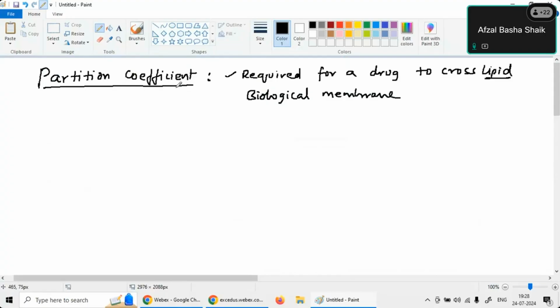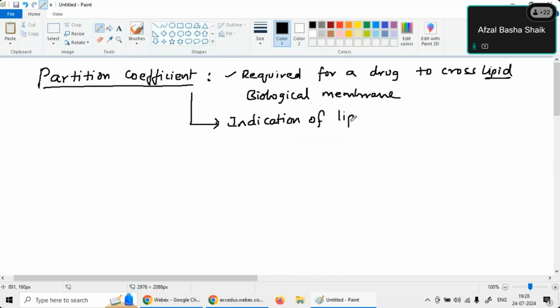So drug partition coefficient is important as it must cross the lipid biological membranes. So partition coefficient, as I told, is required for crossing the lipid biological membranes.